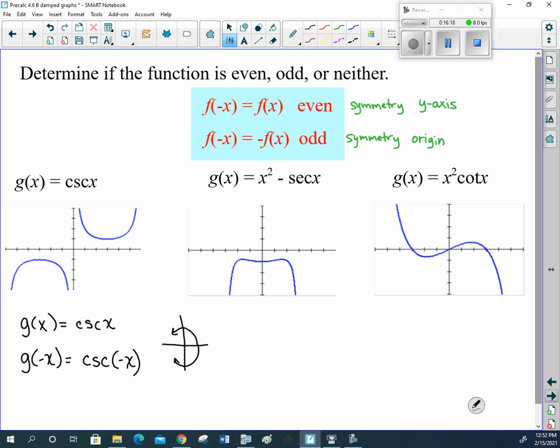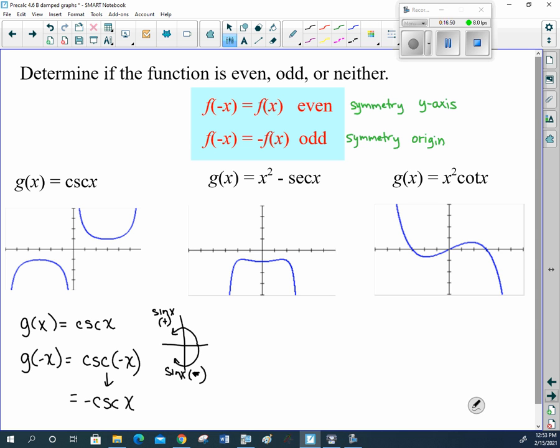So remember, cosecant is the reciprocal of the sine, and in this quadrant, the sine is positive, and in this quadrant, the sine is negative. So if you're rotating the same amount but in opposite directions, the sine values are always going to be opposite. So this is equivalent to this. Whatever the cosecant is, then you just take the opposite sign. So is that exactly opposite?